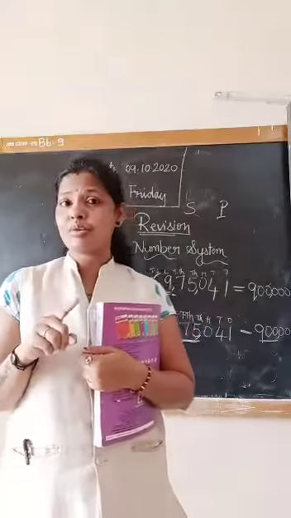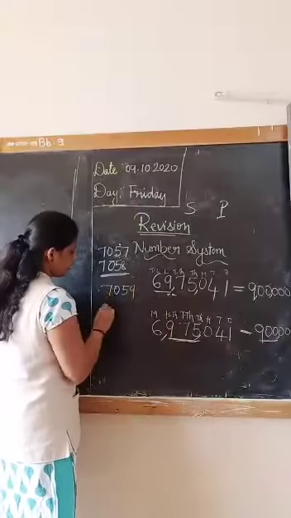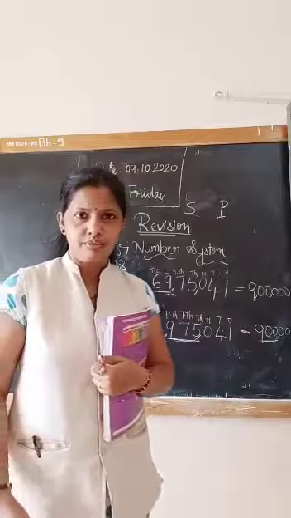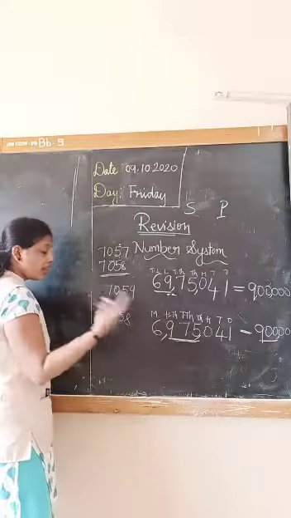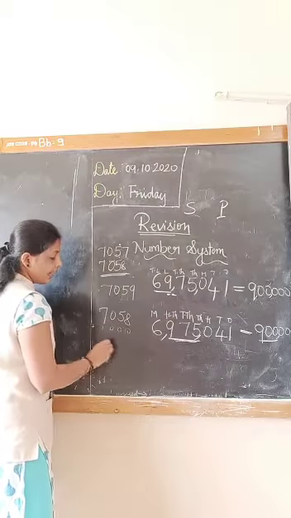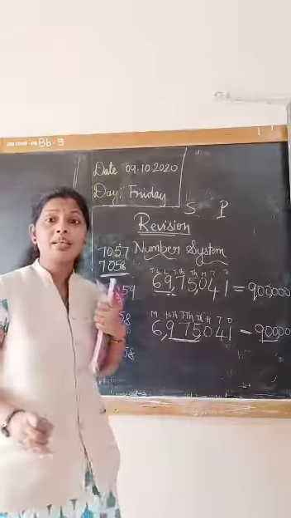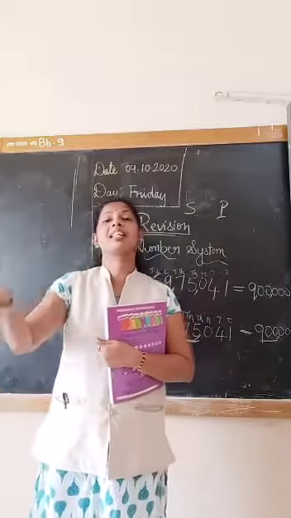If I ask you to write the successor by 1000 of this number, 7058, then you have to add 1000 to it, which is nothing but 8058. It is not 7059, because you have to say the successor by 1000, which means you have to increase by 1000.